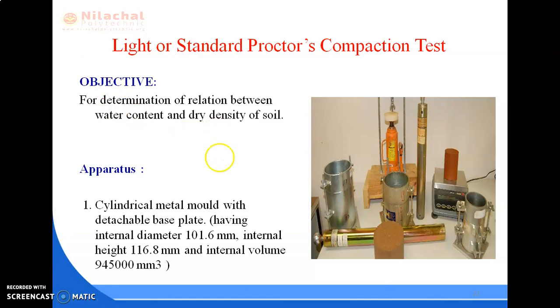And the apparatus required, as shown in the figure, are a cylindrical metal mold with a detachable base plate, having an internal diameter of 101.6 mm, internal height of 116.8 mm, and internal volume of 945,000 mm³ or 0.945 liter.